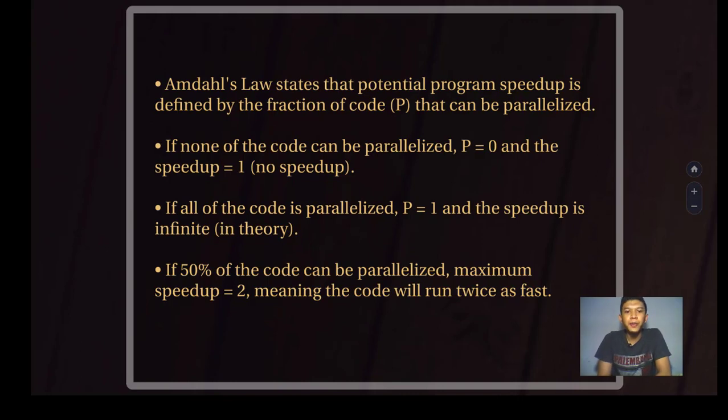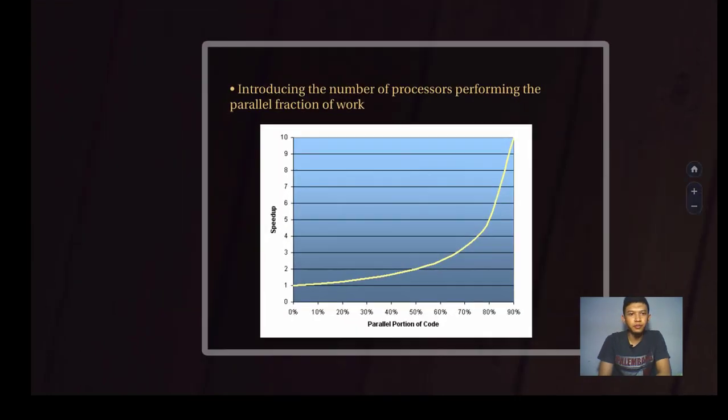If all of the code is parallelized, P equals 1 and the speedup is infinite, in theory. And next, if 50% of the code can be parallelized, maximum speedup equals 2, meaning the code will run twice as fast.